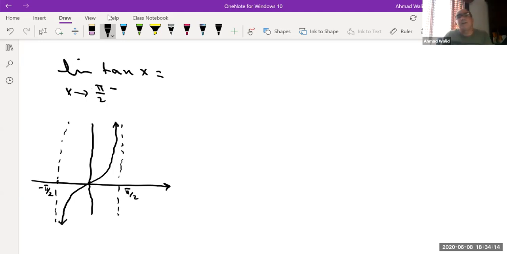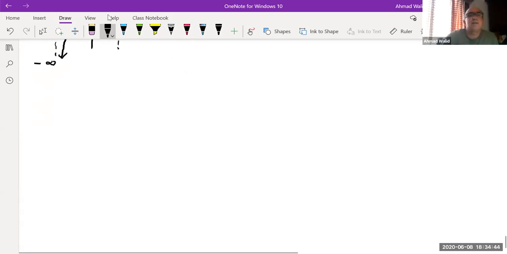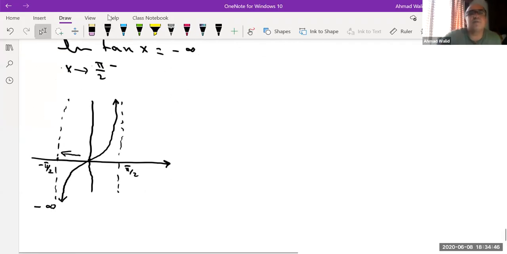Now, the limit of tan x as x approaches pi over 2 from the left. When you approach pi over 2 from the left, where does the graph go? The graph goes to positive infinity. Correct? Number 2. Let me write that here, to show both of them in one graph.